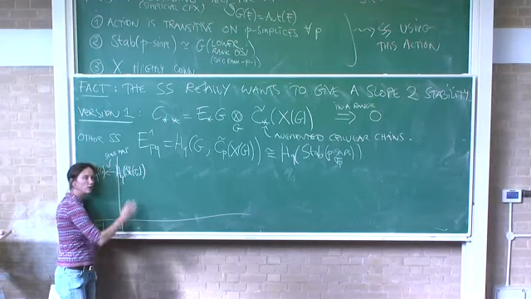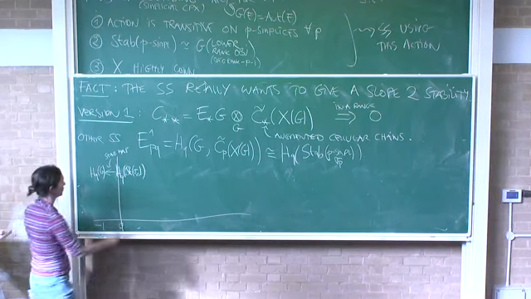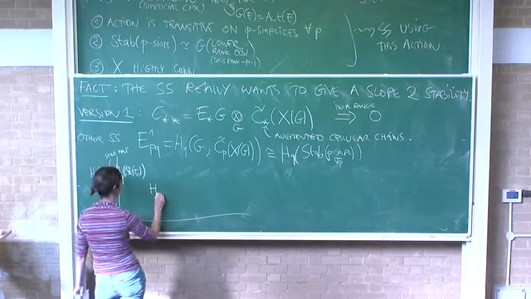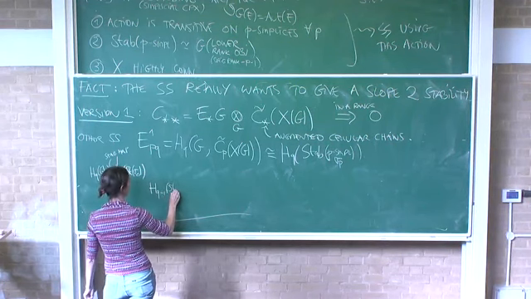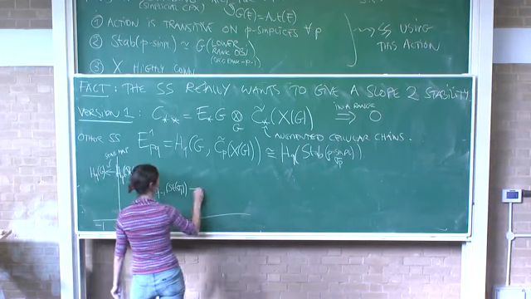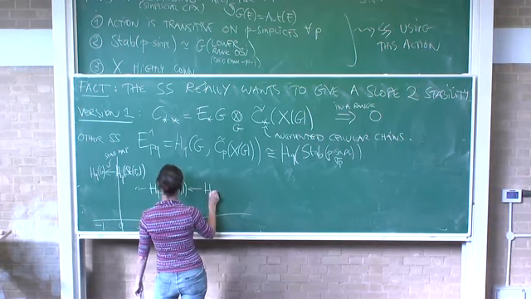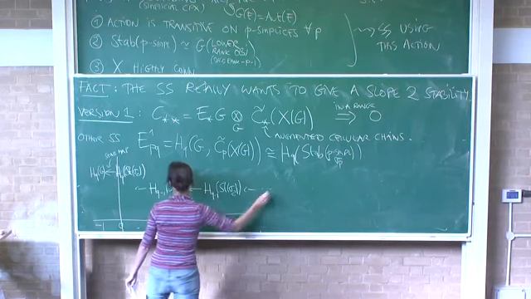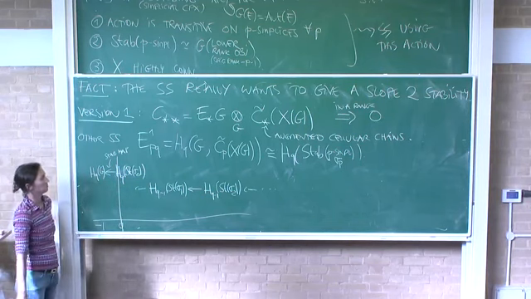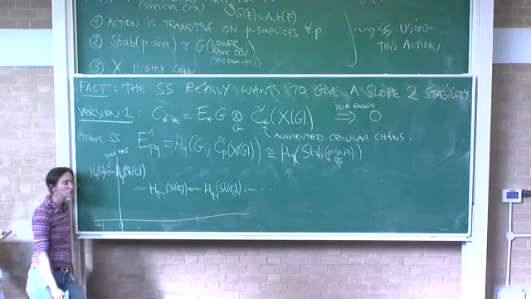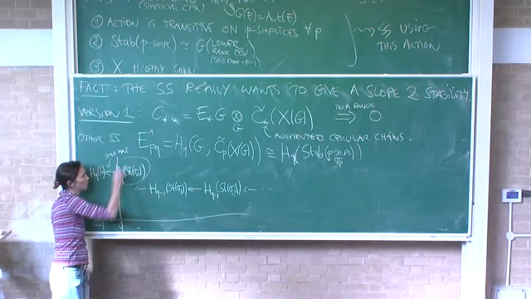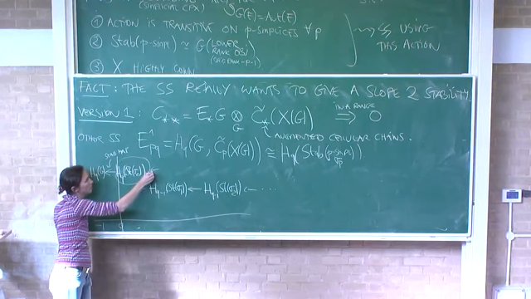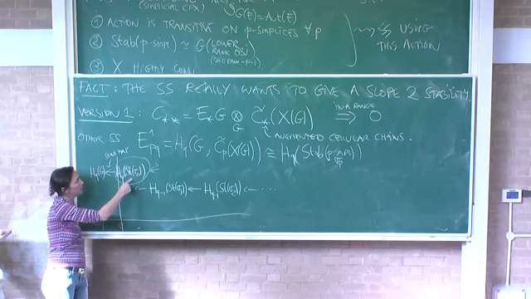So you have to look at what could map to this. And if you start looking, here I have HQ minus 1 of the stabilizer of a 1 simplex. Here I have HQ minus 1 of the stabilizer of a 2 simplex, etc. And the slope 2 is really showing up because you want to show injectivity, you're going to have to argue that this one is 0.